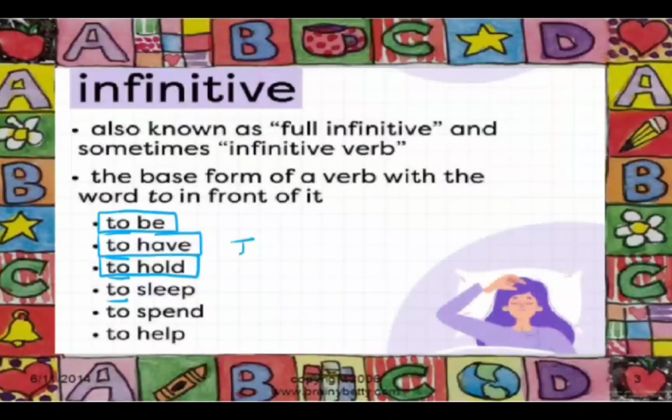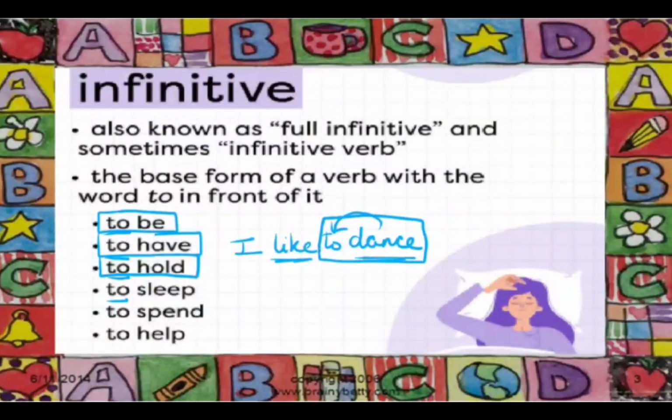If I say I like to dance, like and dance are two verbs, but just because dance has to before it, this part to dance becomes your infinitive, thus having only one verb in the sentence.